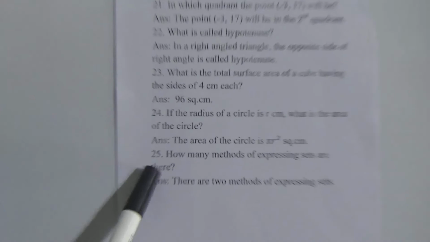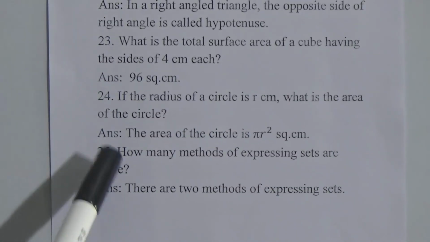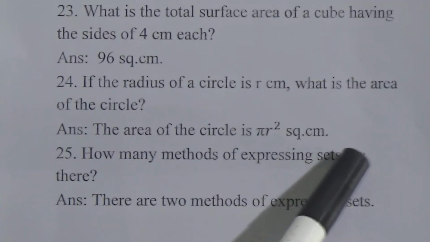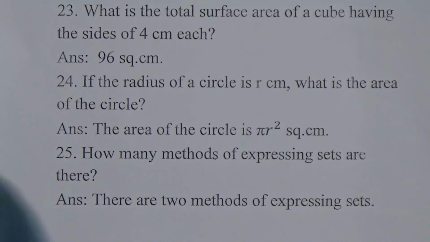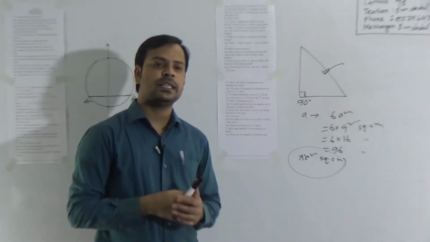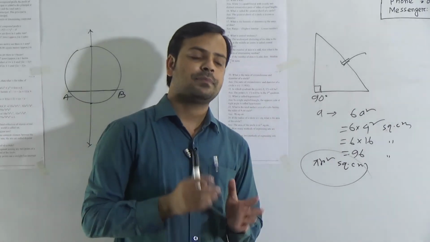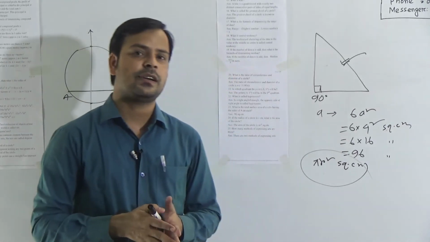Okay, now question 25. This is our last question today, dear students. How many methods of expressing sets are there? Dear students, there are 2 methods. The first one is the set builder method and the other one is the tabular method.